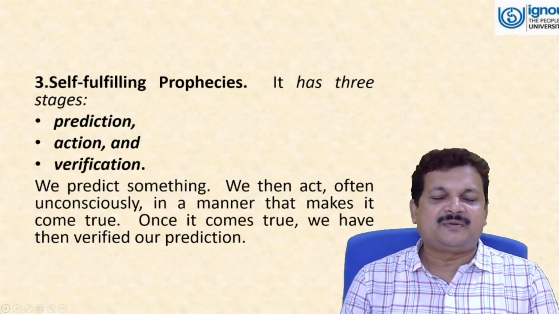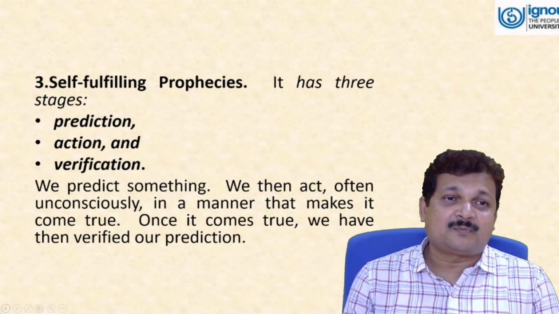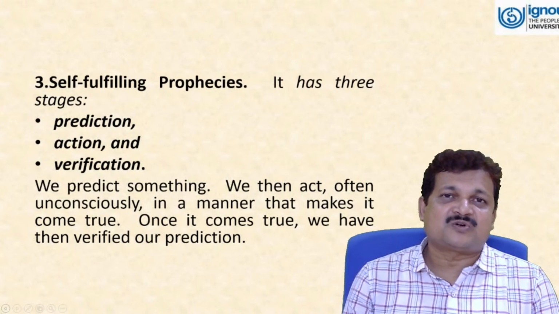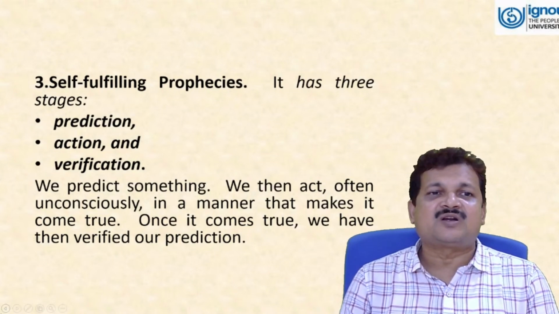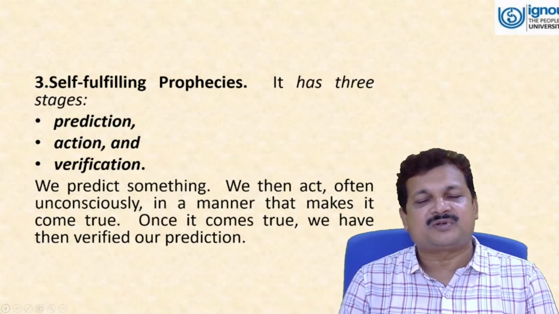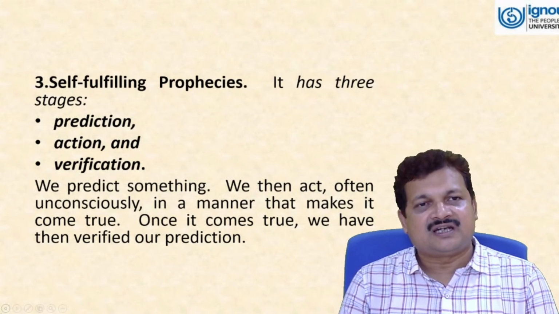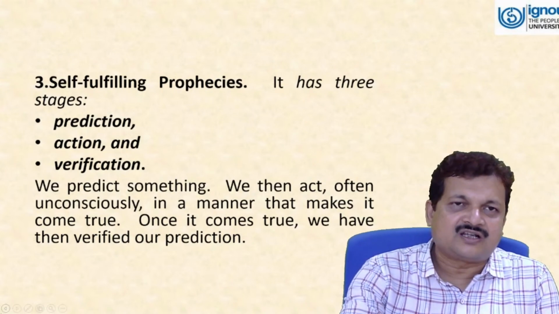And finally we verify whether it is that or not, whether the product we predicted or saw is actually that product. So these are the different stages of perception, and every time we are verifying. The last stage is verification, when we see whether what we predicted from the beginning is right or wrong. That is predicted at the beginning and verified at the end.